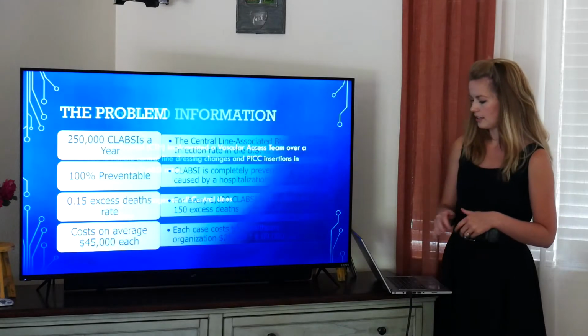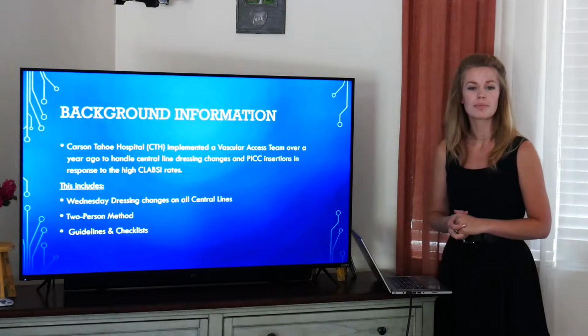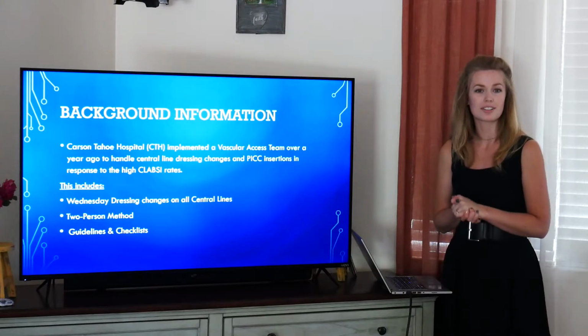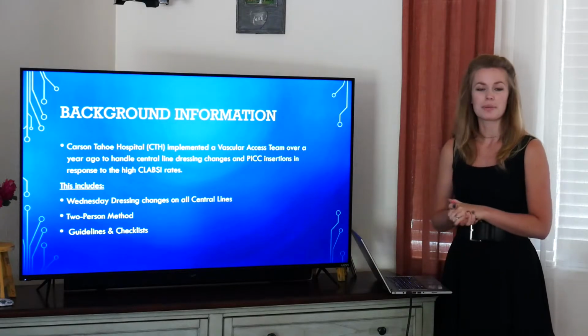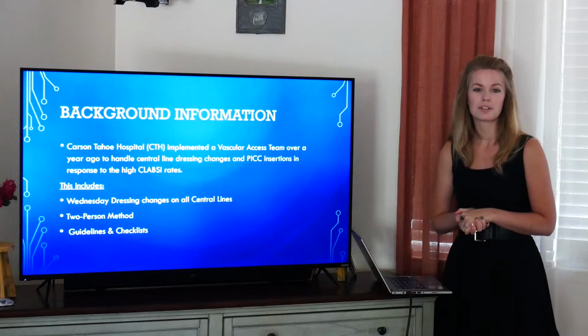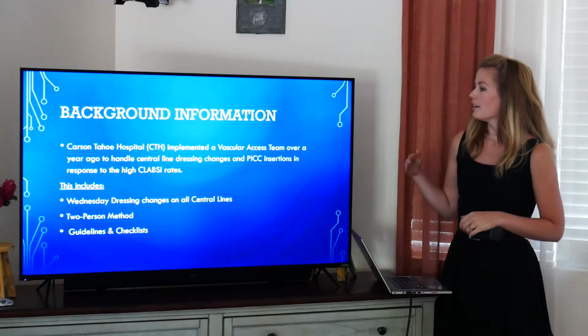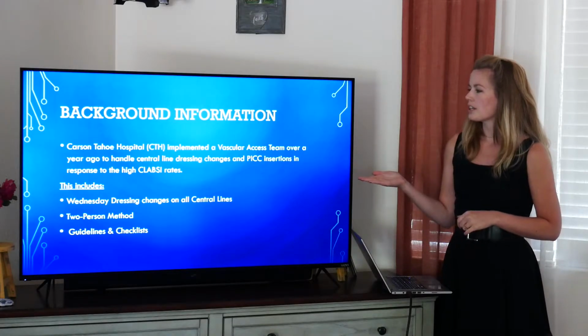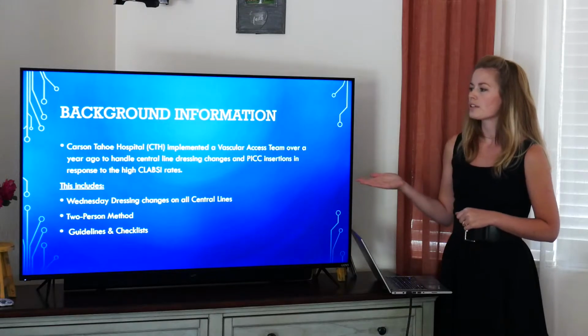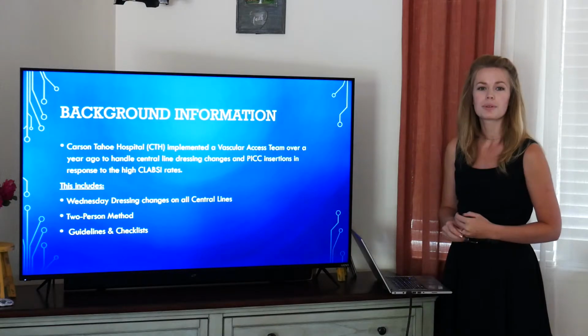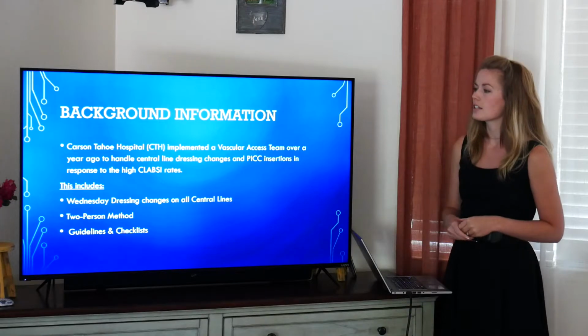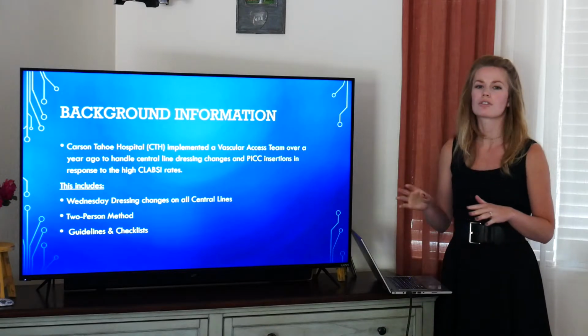To give you guys a little bit of background information, I work at Carson Tahoe Hospital in Carson City, Nevada. We deal with implanted ports frequently on a medical oncology floor. Over a year ago, we developed a vascular access team in response to elevated CLABSI rates that were occurring in our hospital. This vascular access team took over all central line care.